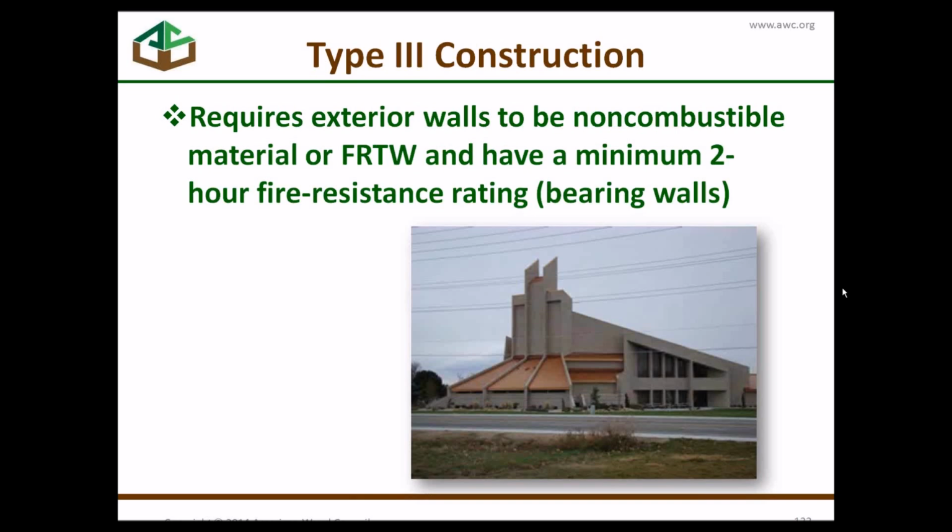Type 3 now, the code has for some time permitted fire retardant treated wood in the exterior walls. So the question comes up from time to time about the details regarding exterior walls in Type 3 construction.